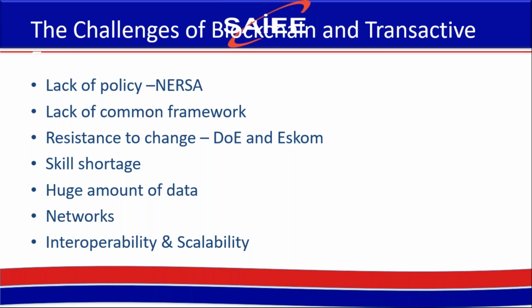Some challenges are resistance to change. Most likely the two parties that might give us issues might be DOE and Eskom. I'm saying might be. For example, I know Eskom on the distribution side, I stand to be corrected, are trying to build a DSO, a distribution system operator.